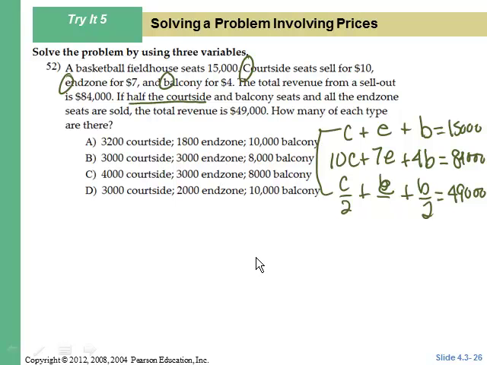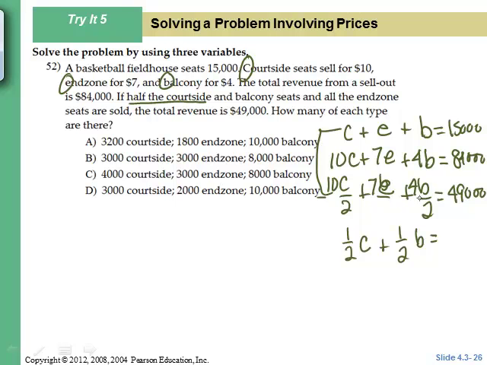I'll have to do it longhand then. Let's subtract this second equation from the first one. We get 1/2 C plus 1/2 B is... oh, I see. I forgot to multiply this by 10, and this by 7, and this by 4.